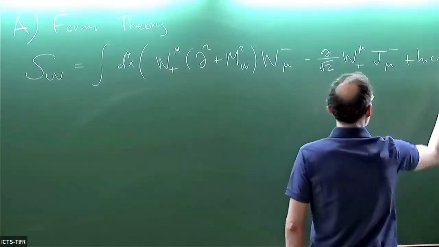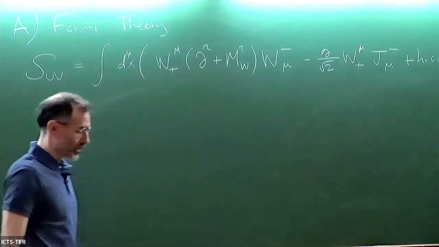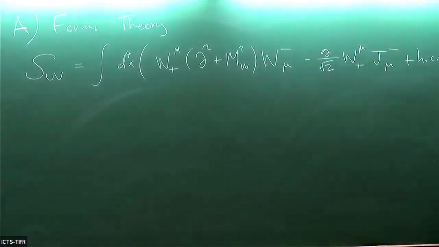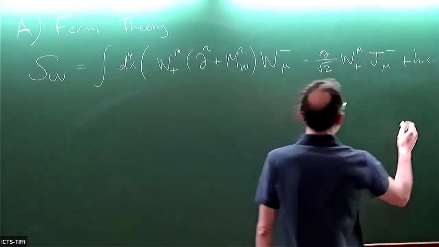And because that is not self-conjugate, we also add the Hermitian conjugate. I'll write as h.c., now and forever.